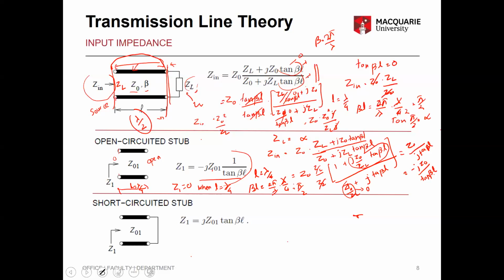The same way, you can also derive this. If it's short circuit here, and you select the line length lambda by 4, you will see an open circuit, infinite impedance here. So you can always transform a short circuit to open circuit, or open circuit to a short circuit, by using a lambda by 4 length.